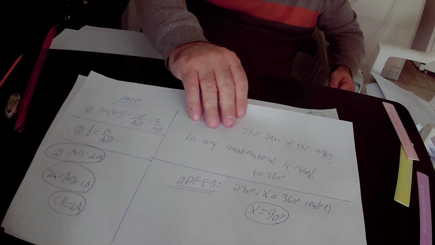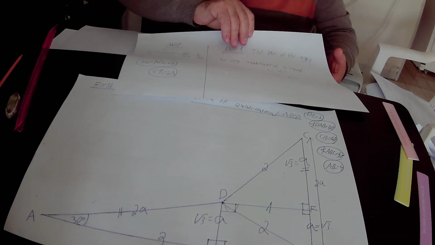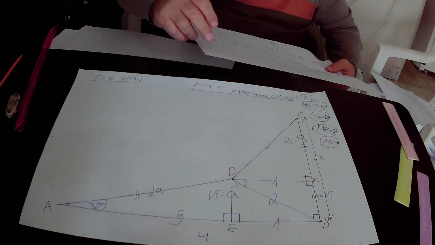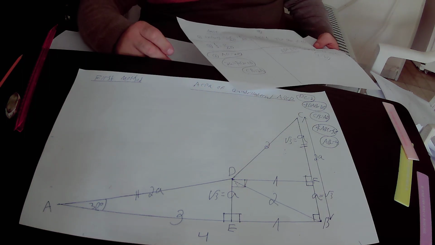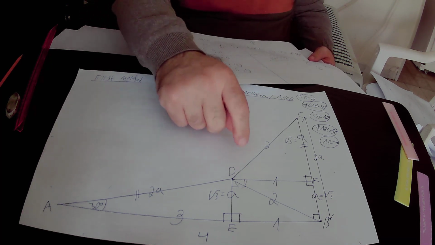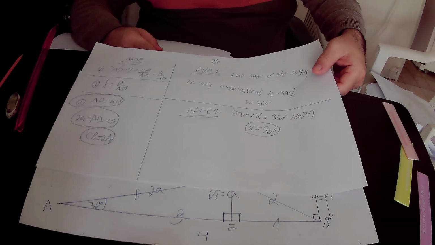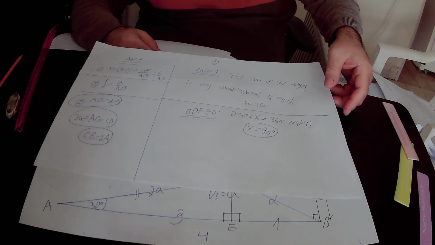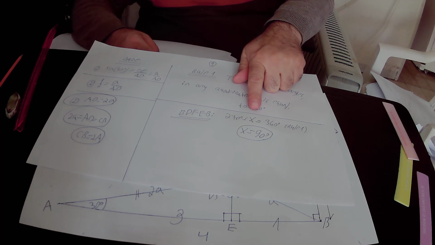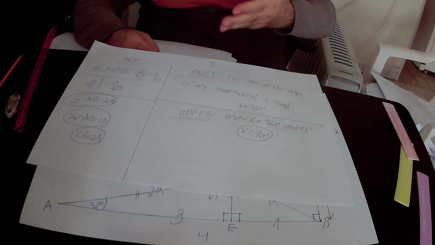So if we focus on quadrilateral DFEB, it has 3 right angles. The sum of 3 right angles is 90 times 3, which is 270 degrees. And we define the fourth angle as angle X. So in total the sum of those 4 angles must equal 360 degrees, that is to say 270 degrees plus the size of the fourth angle must equal 360 degrees according to rule number 1.